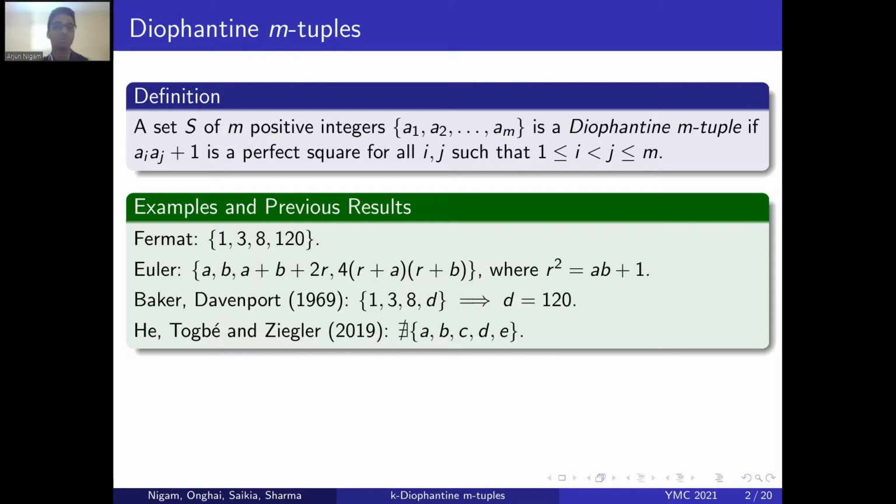There's also a result which says that in the integers, there are no Diophantine five-tuples.